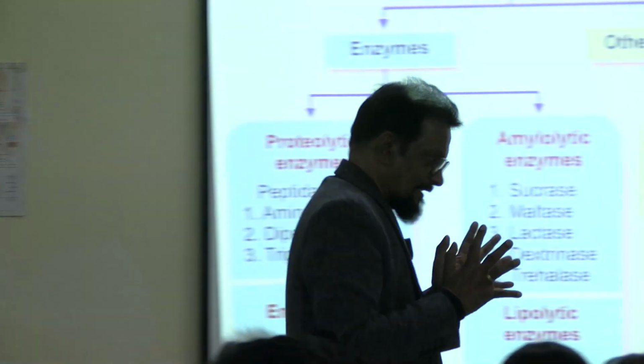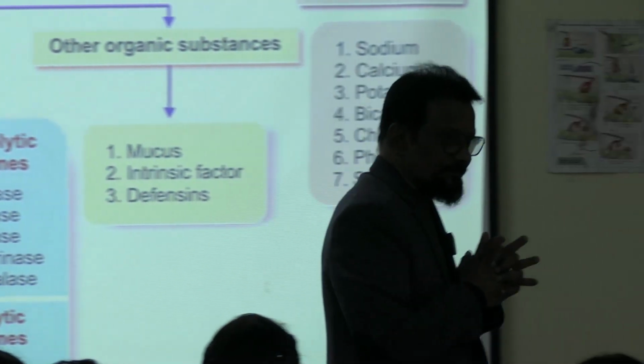Pyloric antrum, then pyloric sphincter. Okay. So pyloric sphincter means it is obstructing. If, in the absence of this sphincter, what would have happened?